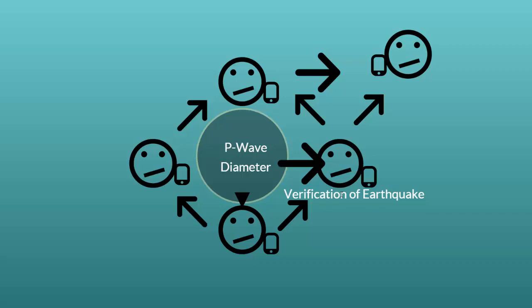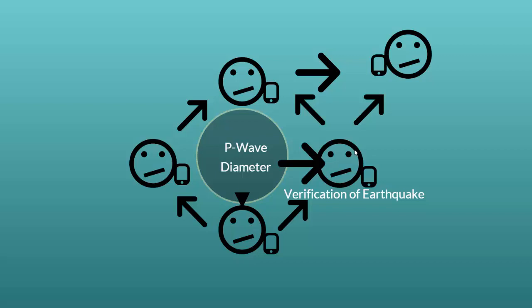Well, if we can measure the distance from the P wave to the person and the combined distance from the first person to the next person, it should be almost like a right triangle. So that person should be warned in about a few seconds after the first person is warned. If so, then it really is an earthquake, and we have verified an earthquake within a fraction of a second.